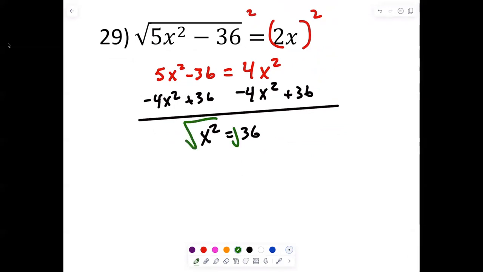Take the square root. All right, to undo a square, you take the square root. Now, what two numbers squared equal 36? Plus or minus what? I try to remember when I was figuring this out, the exponent tells you the number of solutions. So because it was x squared, I knew that there had to be two solutions.